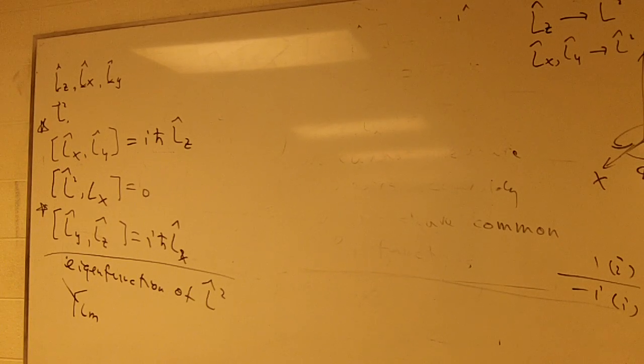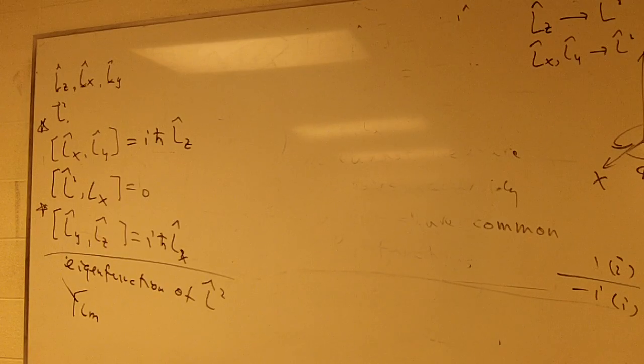It's always 1 over square root of 2π times e^(imφ). So that's the eta part. And now we try to figure out this theta. If we figure out this function, then the job is finished.